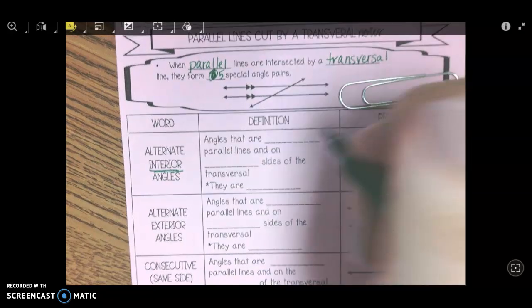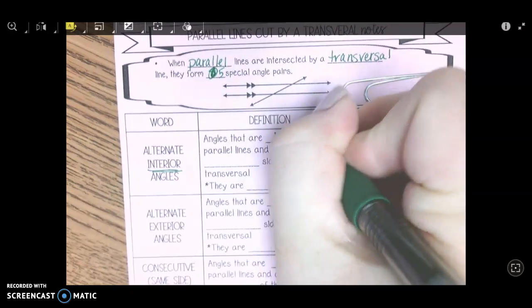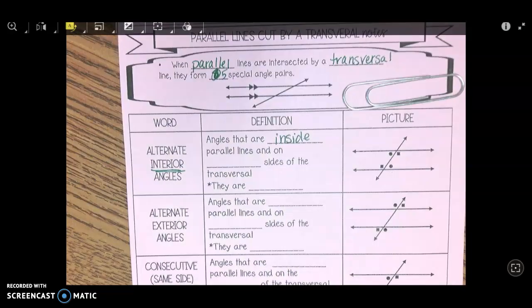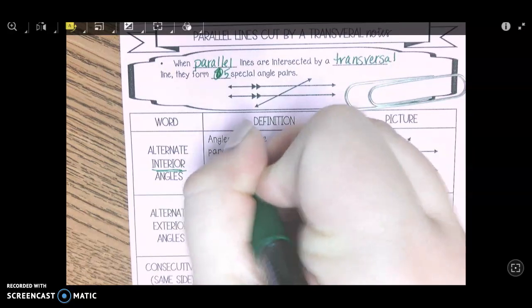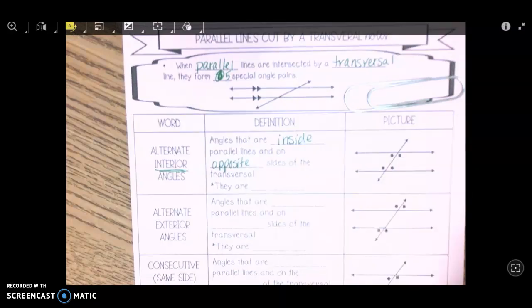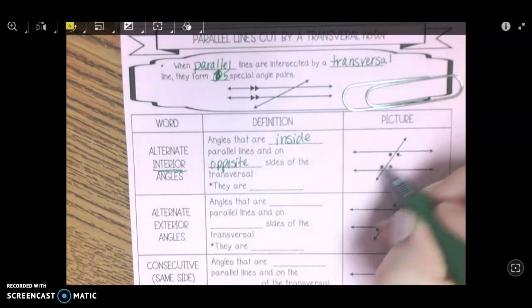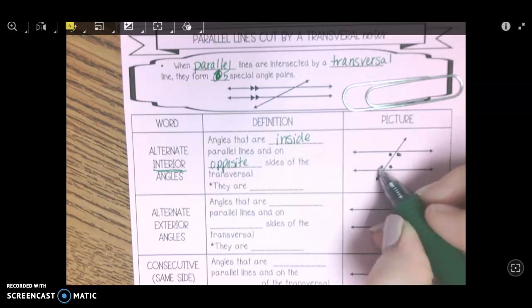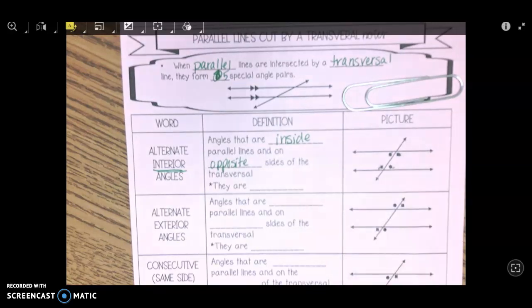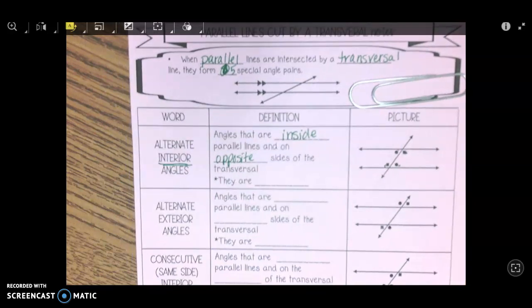Angles that are inside parallel lines and on opposite sides of the transversal. So you see how these are opposite, alternate, opposite. And they are congruent.